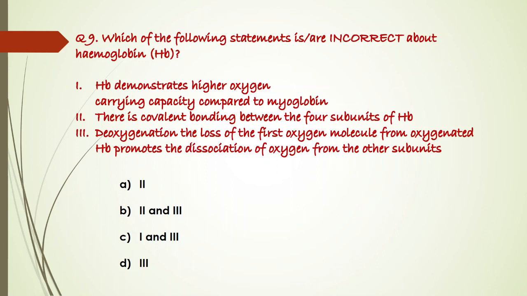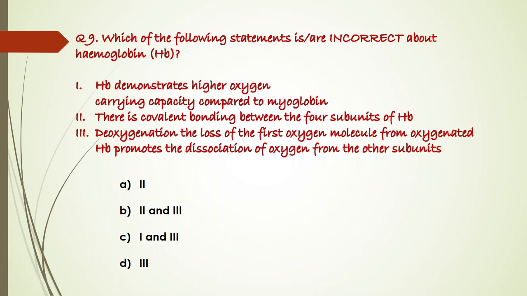Hemoglobin can carry 4 oxygens, 4 subunits carrying 4 oxygens. But in case of myoglobin it can carry only 1. So obviously hemoglobin demonstrates higher oxygen carrying capacity compared to myoglobin. So the first option is a correct statement.